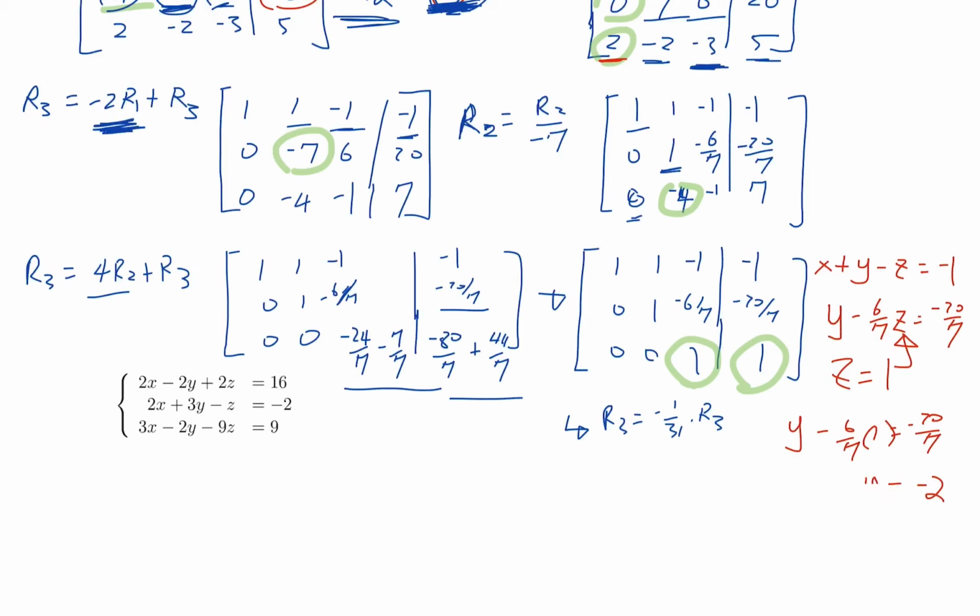Let me actually add so I can double check. So we have y minus 6 over 7z equals negative 20 over 7, then y is negative 20 over 7 plus 6 over 7, which is negative 14 over 7, is negative 2. So y is negative 2. z is 1.